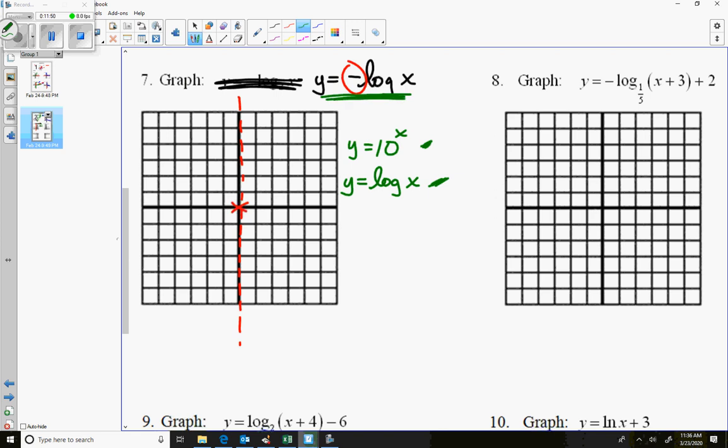Now that negates the y value. Well, it's still going to be 1, 0. Next point with this one would be right 1, up 10. So the point 1, 10 makes my log graph actually 10, 1. Put the negative up here in the graph, flips it to actually be 10, negative 1. So I got 6, 7, 8, 9, 10, negative 1.